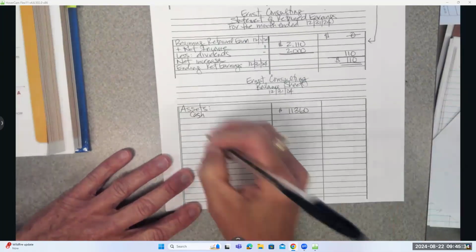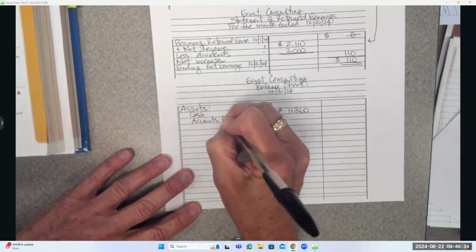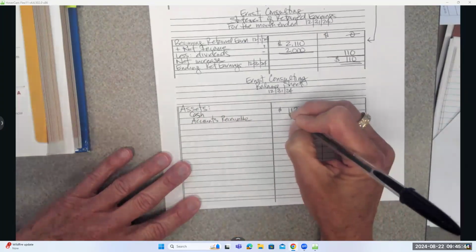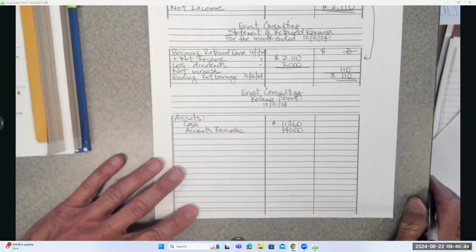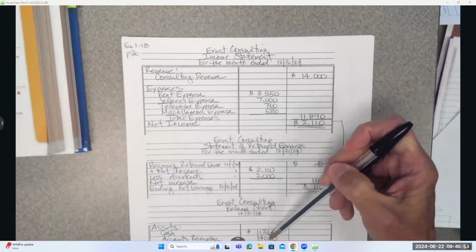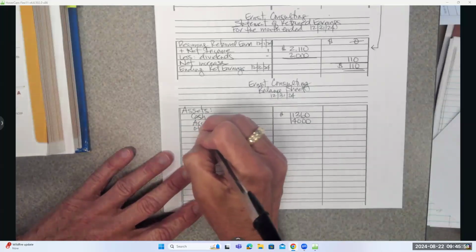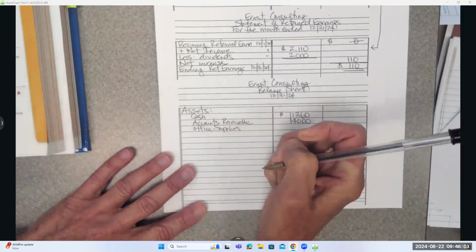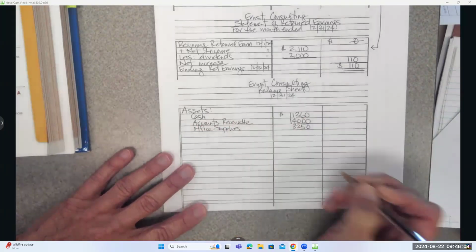11,360 of cash. Accounts receivable of 14,000, which means all of our sales were on account because our revenue and our accounts receivable are the same amount. Office supplies of 3,250.